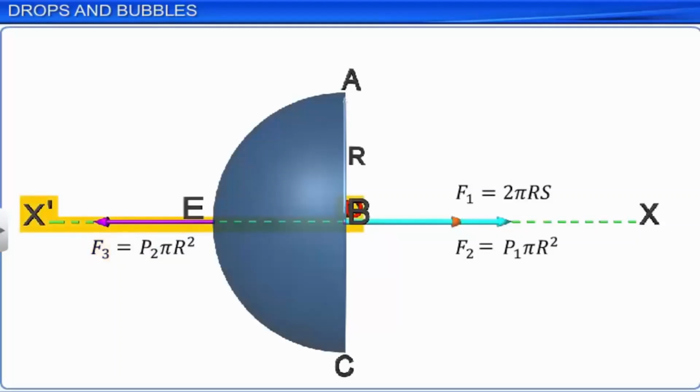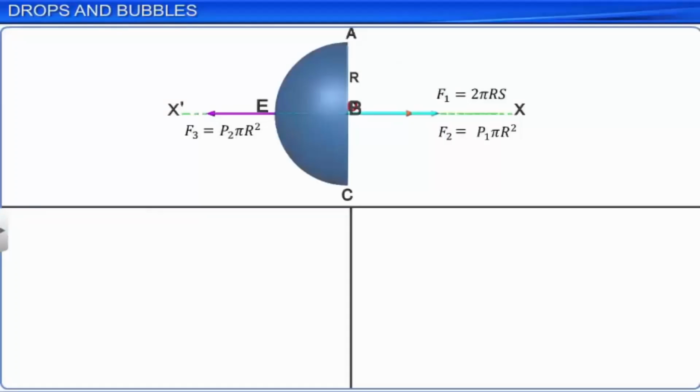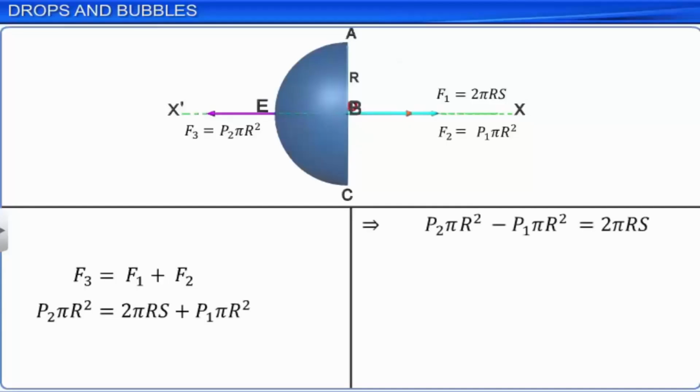For equilibrium of the hemispherical surface, we need to have F3 is equal to F1 plus F2. Substituting the terms for the forces and simplifying them, we get the difference in the pressure between the inside and outside of the drop as shown.